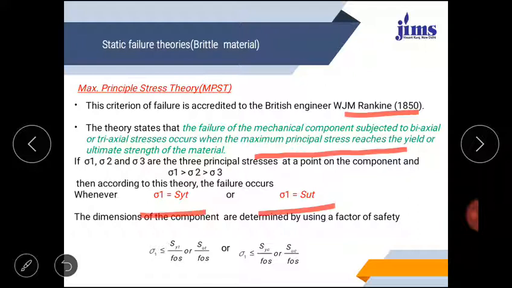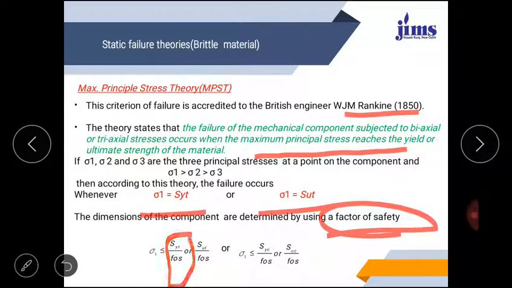The dimension of the component is determined using the factor of safety. When you use the factor of safety, sigma 1 should be less than or equal to SYT upon FOS or SUT upon FOS, or, in case of compression, SYC upon FOS or SUC upon FOS.